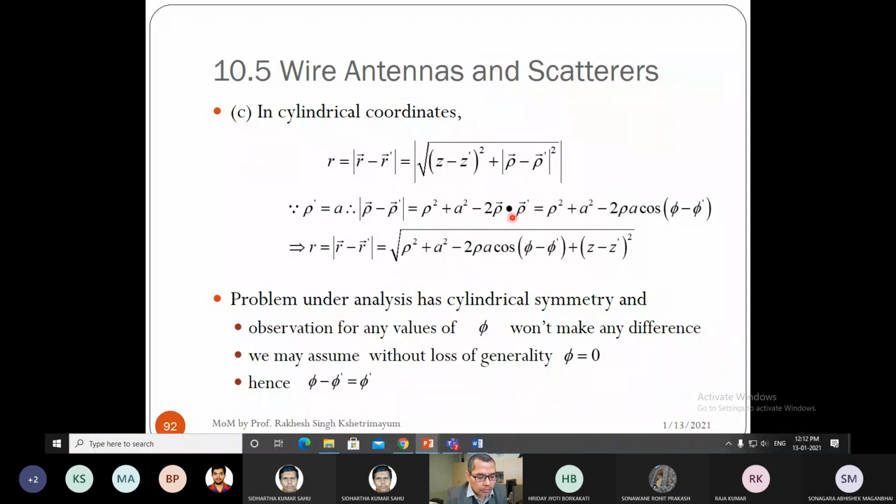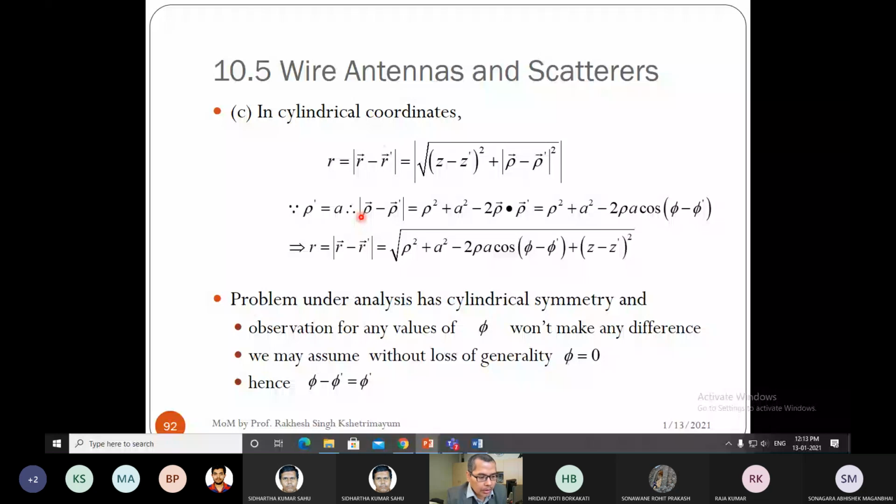When you do the dot product of rho vector with rho dash vector, what is the amplitude of rho dash? The amplitude of rho dash is A. And the amplitude of rho vector is rho. So rho A, and the dot product becomes cos of (phi minus phi dash). Phi is the angle for the observation point and phi dash is the angle for the source point. So we can find the modulus of rho minus rho dash by using this formula.